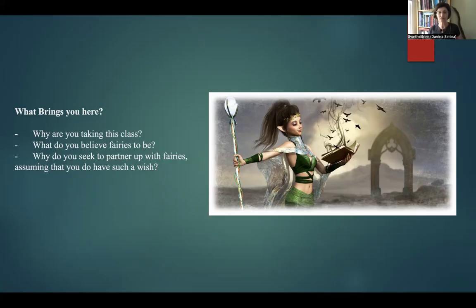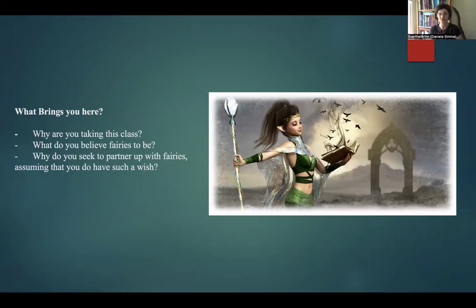And while you're pondering over this, I will describe the picture that is on the slide. There is a fairy lady holding in her right hand a staff that has a big crystal at the top.